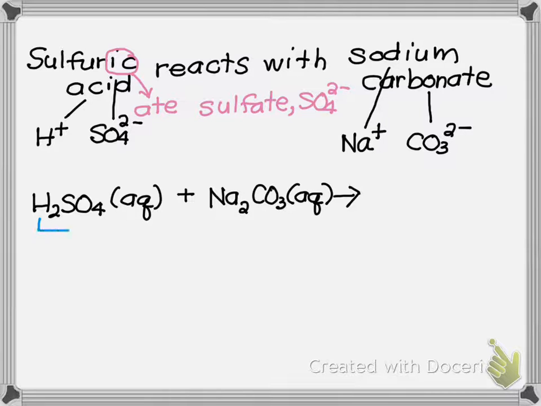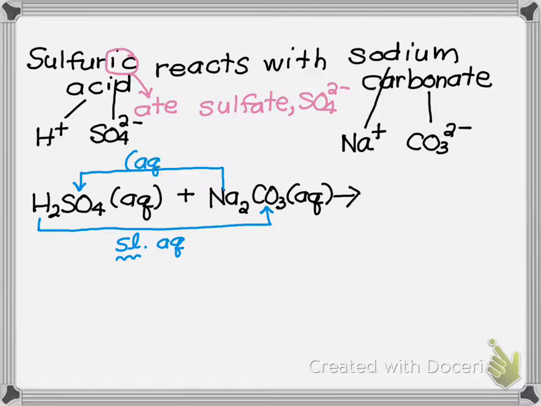So the hydrogen ion is going to go with the carbonate, and the sodium ion is going to go with the sulfate. Now in our textbook, in Appendix 4, there's a solubility table. And if you looked up what hydrogen does with carbonate, you would see it says slightly aqueous. And that slightly, we're going to say, okay, so something's going to happen. And then sodium with sulfate is aqueous.